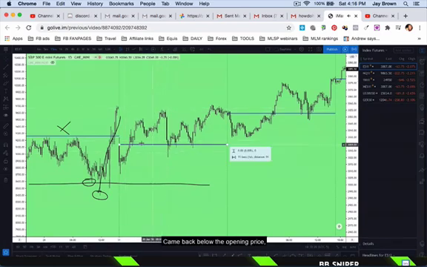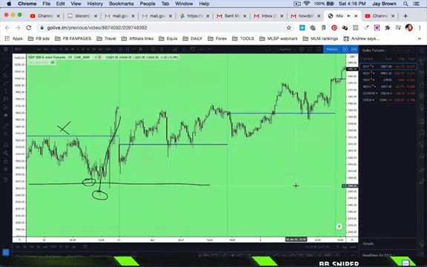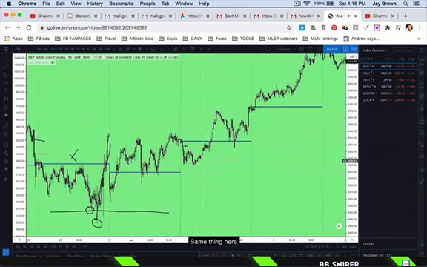Came back below the opening price. By below the open in bullish conditions, market rallies. Same thing here. Market opens, trades lower, rallies, actually trades lower again below the opening price, rallies again. All right. So that's the quick and dirty version.